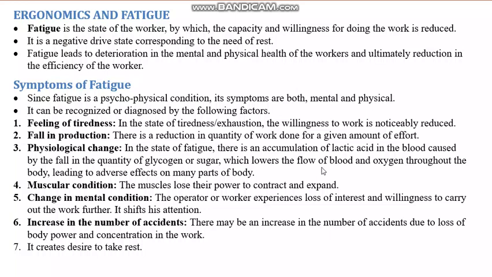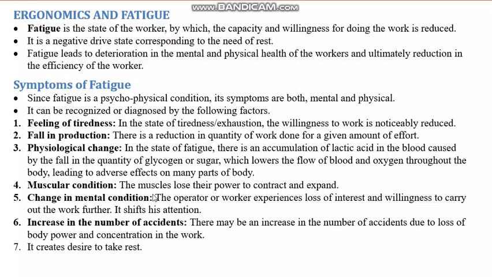This lowers the flow of blood and oxygen throughout the body, and this leads to adverse effects on the main parts of the body. From the outside we cannot understand, but some chemistry is involved here. So when we are tired, some changes take place in our body, and thereby we don't have the inkling to work.